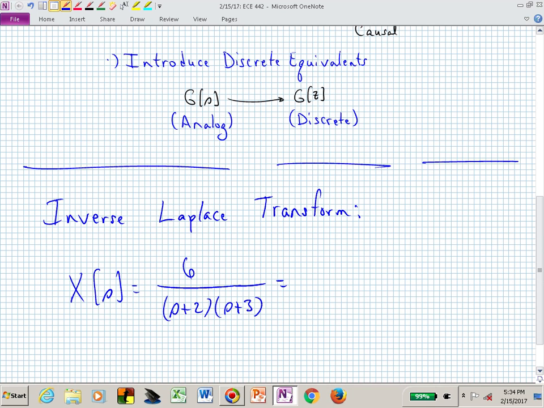And I want you in a minute to find what little x of t is. So you have a minute to find little x of t from capital X of s being 6 over the denominator of two factored terms. That's giving you more information, so you shouldn't need too much time to inverse Laplace transform that.